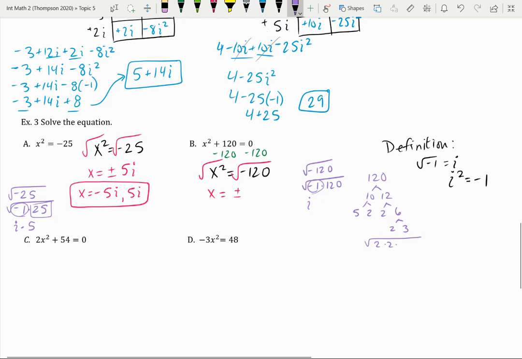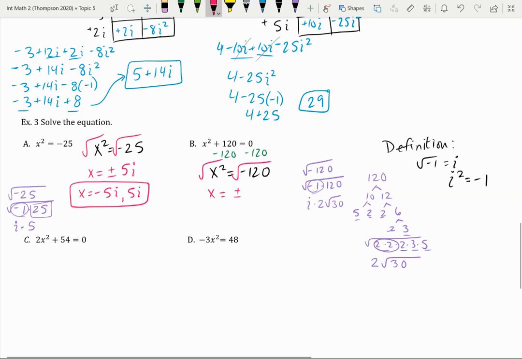We've got 2 and 2 and 2 and 3 and 5. Right? Square root of 2 times 2 is the square root of 4. This comes out and becomes a 2. The other three numbers are all singletons. They don't have a partner. So 2 times 3 times 5 I'm going to leave on the inside. So square root of 120 is 2 radical 30.